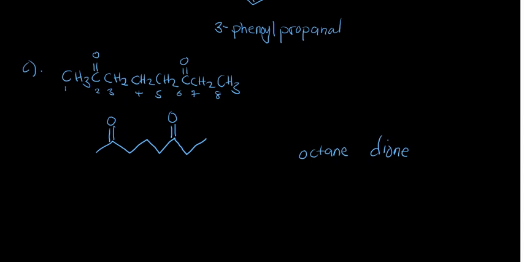Where exactly is the dione? It's on carbon number 2 and on carbon number 6. That's where we have the ketones. So the name of the compound will be 2,6-octanedione.